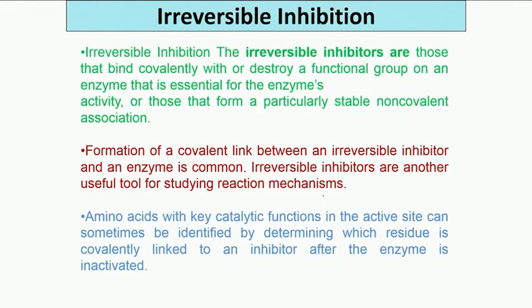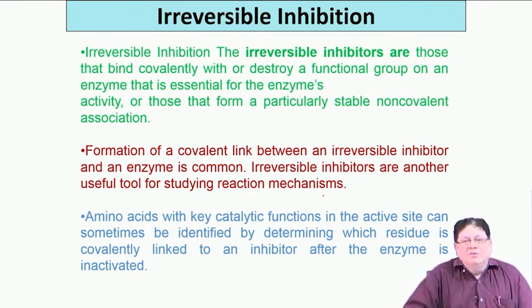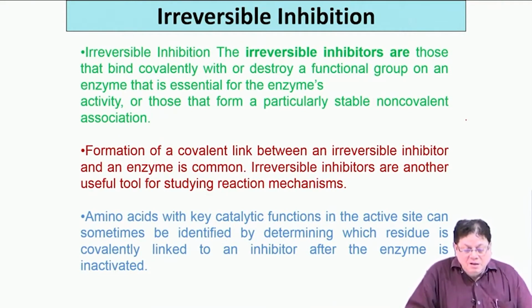Okay, after the completion of the reversible inhibition cases, now we will go to the irreversible inhibition. Remember, the basic difference between reversible and irreversible inhibition is the formation of a covalent bond in case of irreversible inhibition. And there is no covalent bond formation in case of reversibles.